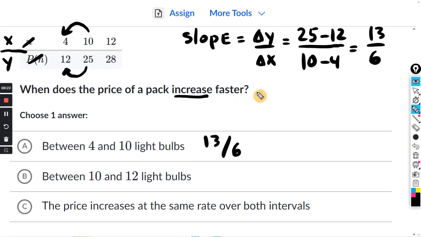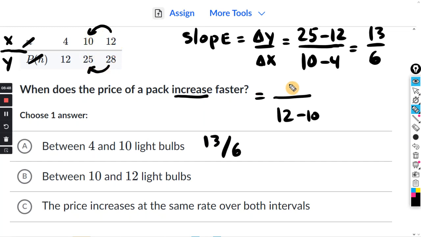All right, let's keep going. Between 10 and 12, let's see what happens there. Between 10 and 12, the change in x is going to be 12 minus 10. So that's in the denominator. And the change in y is going to be 28 minus 25.